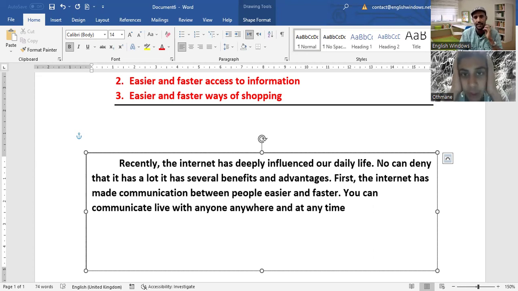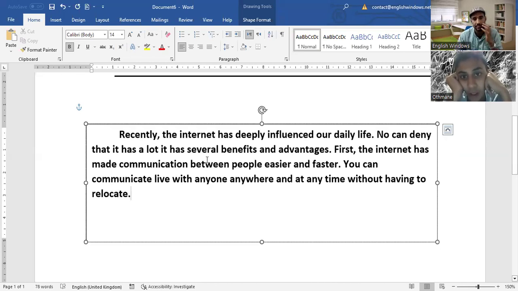You can communicate live with anyone, anywhere, and at any time, without having to, as you said, without having to relocate. Without followed by a verb takes the gerund. Great, at the comfort of your home or whatever.